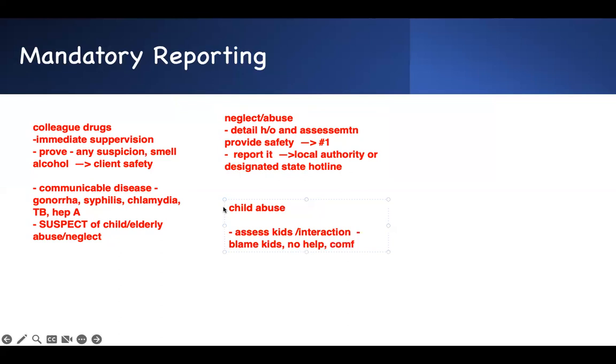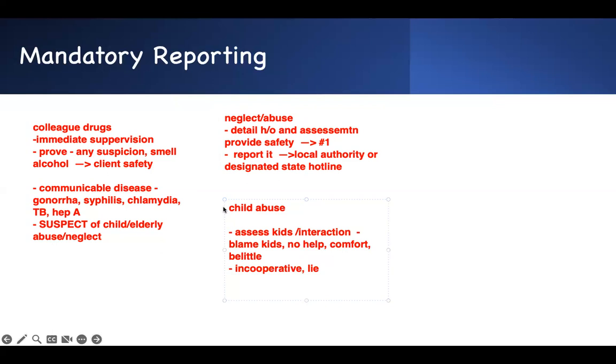They don't comfort the kid. That's a sign. They may belittle the kid in front of you. Those are all bad signs. They can also be uncooperative. In terms of the story, they can lie. That's key that you should pay attention to. That tells you this person may be abusing the kid.